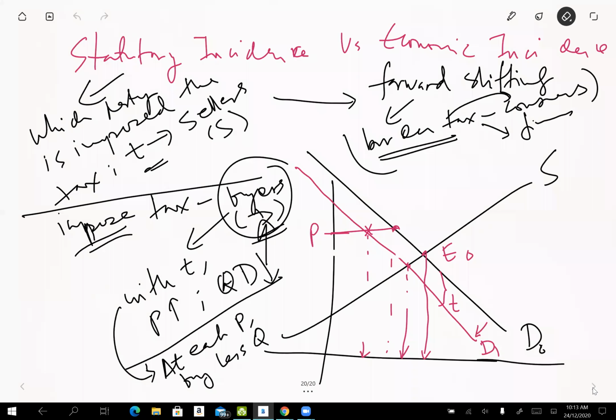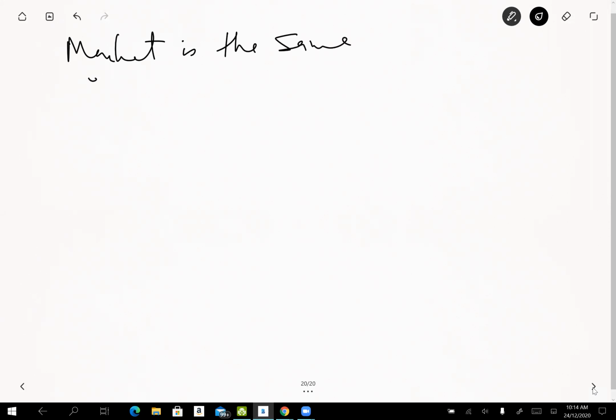If the tax is imposed on the consumers instead of the firm, the market effect is the same. Okay, the market effect, I'm sorry, I forgot the word effect. The market effect is the same. So we call this tax equivalence. Or is that another word?